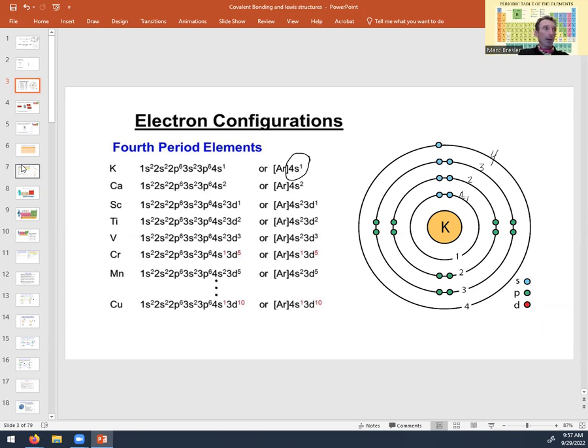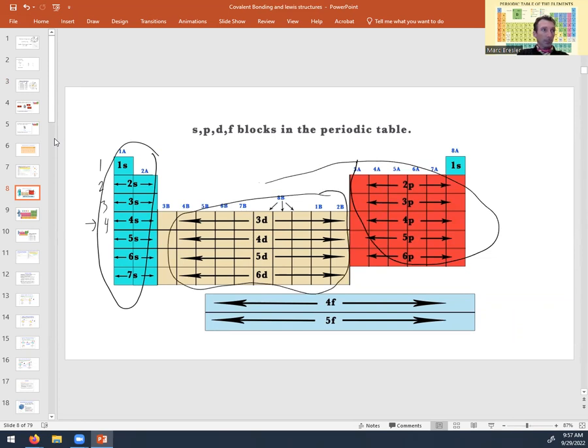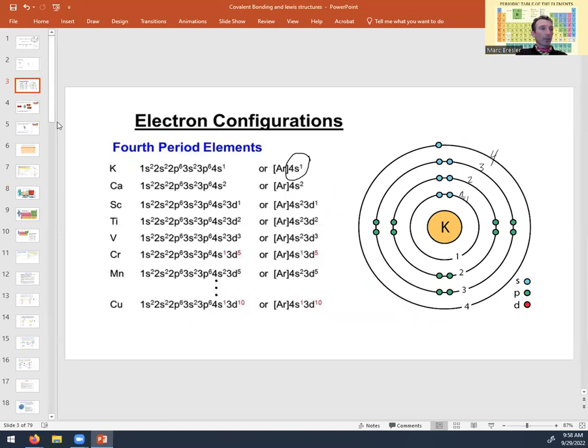4s1. And the periodic table is chunked up into these blocks. This is the S block, this is the P block, and this is the D block. Those are the main ones you have to worry about. The F blocks here, we don't use that too much if you go into nuclear chemistry and stuff like that. Okay, so that's the 4s1.